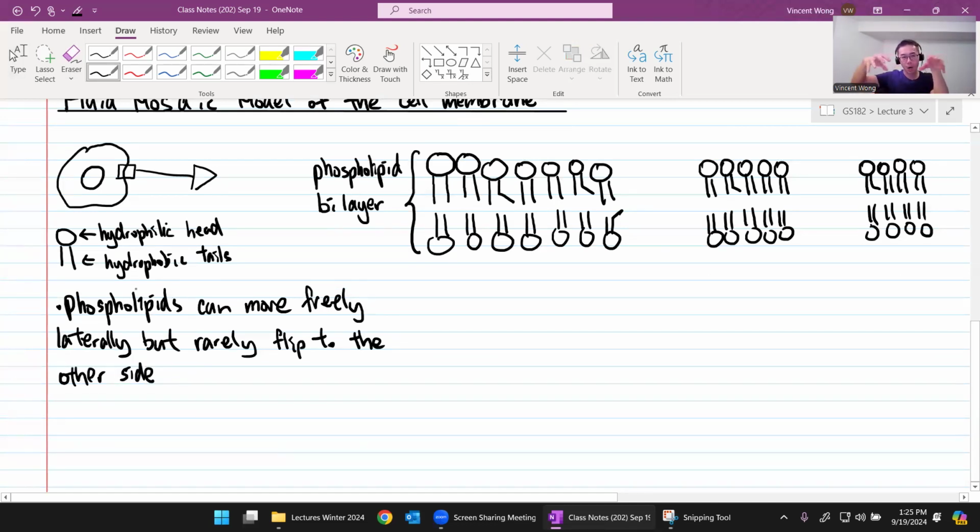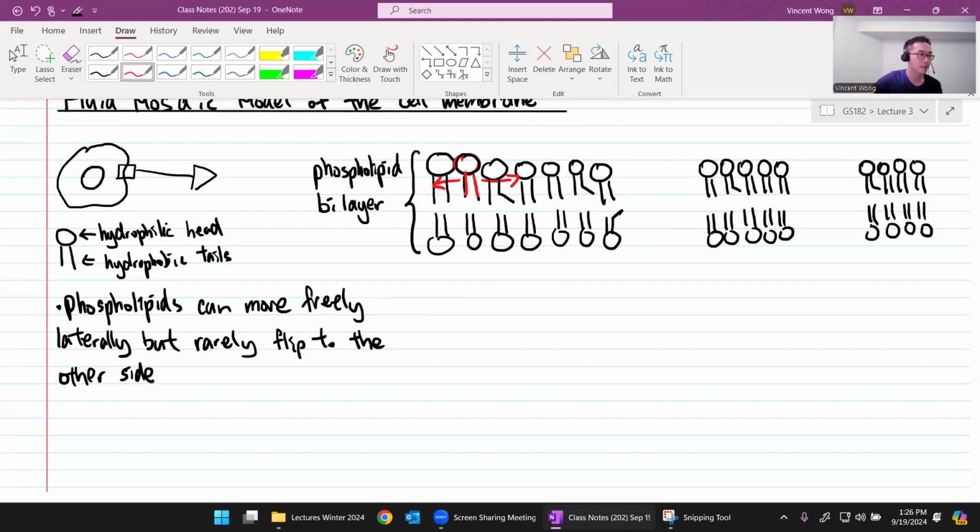Just like the balls in the ball pit, they can go across each other. They can flow freely front, back, left, right, no problem. This phospholipid is able to move sideways, laterally, no problem. It just squeezes through between the other ones. But they don't really flip over to the other leaf. They can, but it's really, really rare.